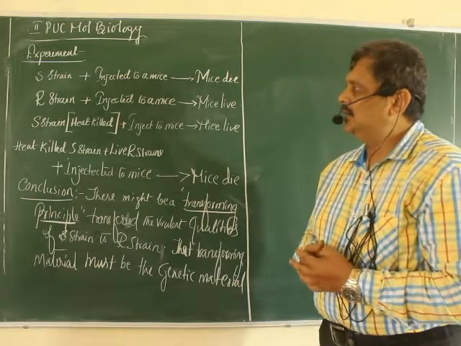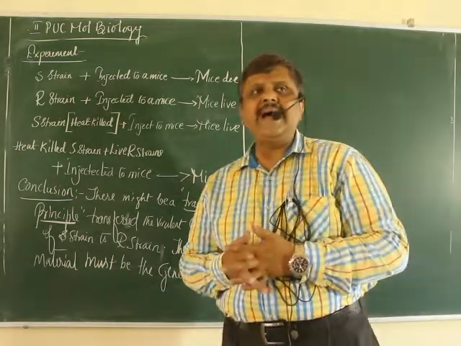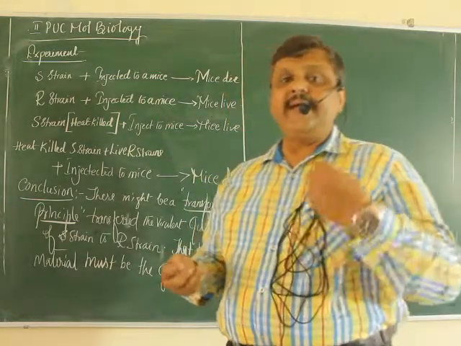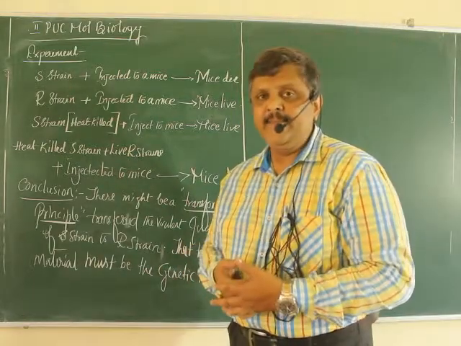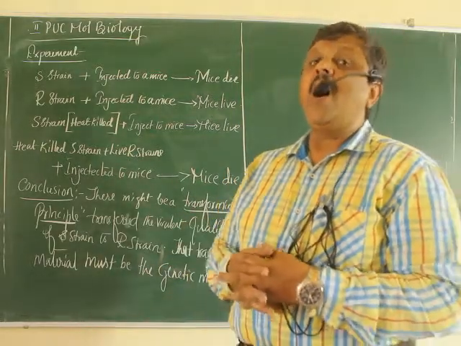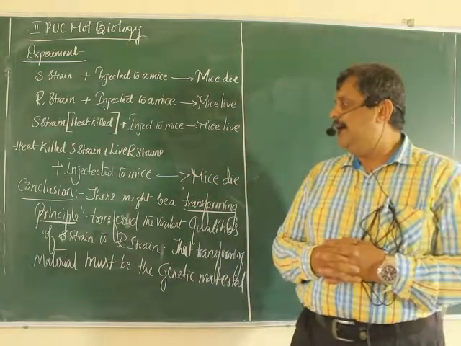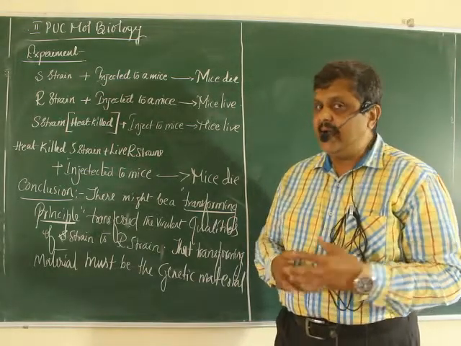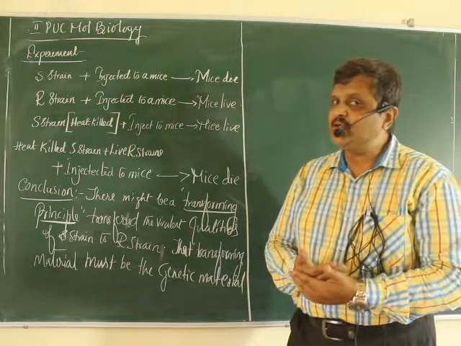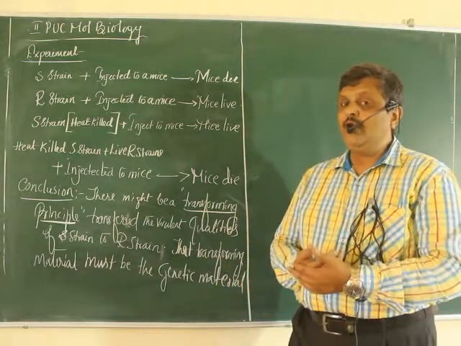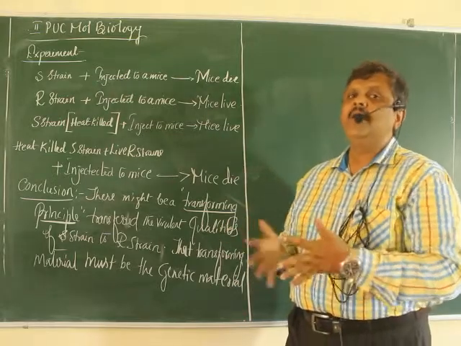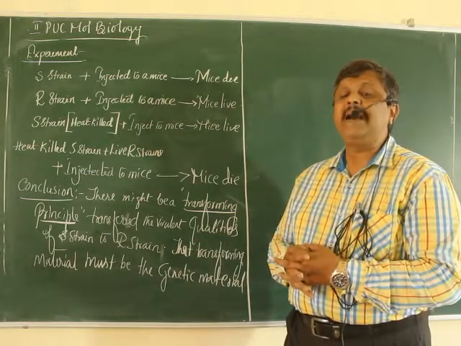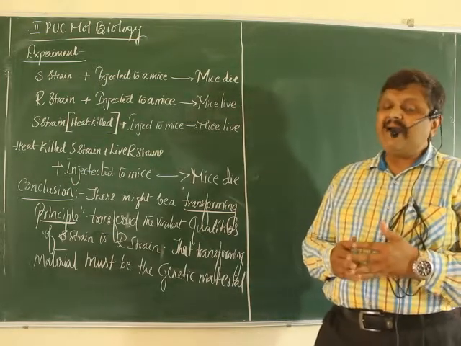Then he slightly changed the experimental methodology. He took the heat killed, that means boiled, S strain, and mixed it with the R strain bacteria, and injected that combination. What he expected was that since he boiled the S strain, it died, so there should not be any impact on the mice. But the shocking result was that the mice died after taking that injection. Then he started thinking what the reason might be.